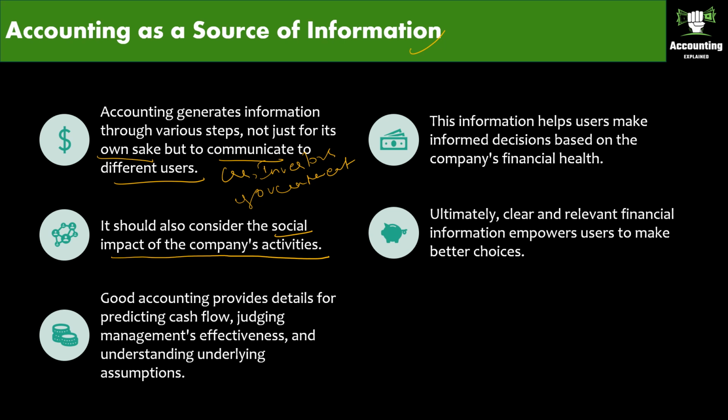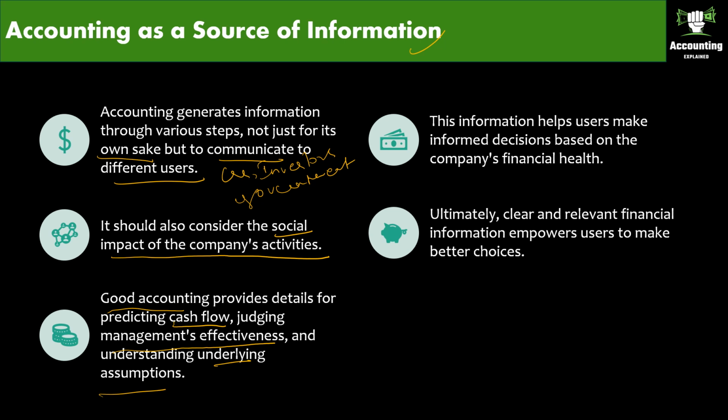Okay. Good accounting provides details for predicting cash flow, how much is our cash flow, judging management's effectiveness, whether the management is good enough to carry on the activities of the company, and understanding underlying assumptions, whatever assumptions the company has made, whether they are being properly carried out.